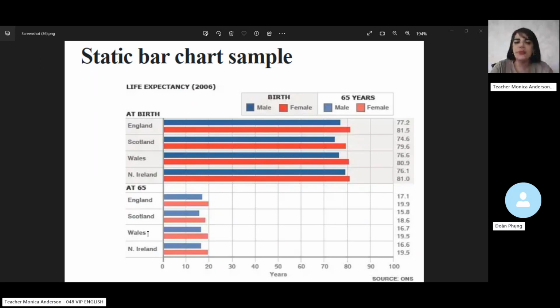The highest is from England, and it reaches the figure of 81.5. Let me check. Okay, England. Yes, of course.